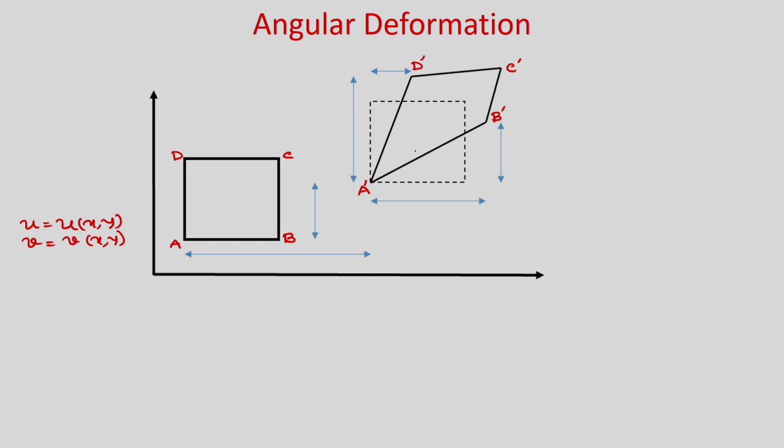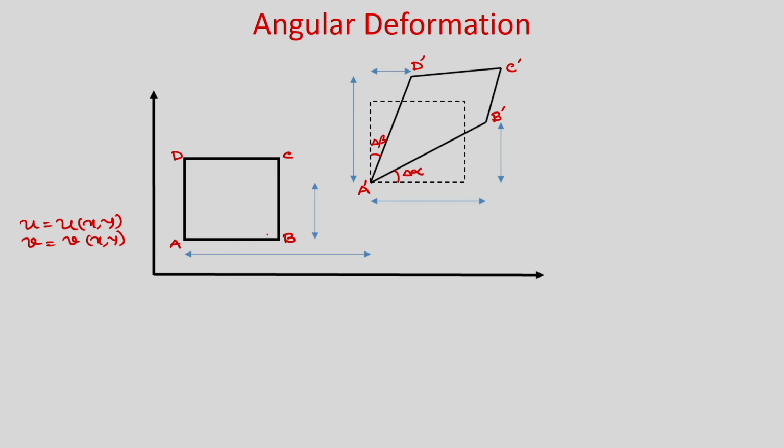You can see there is a change in the angle; this angle is delta alpha and this angle is delta beta.